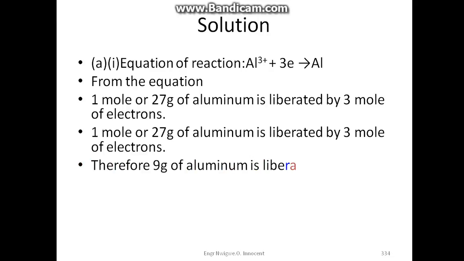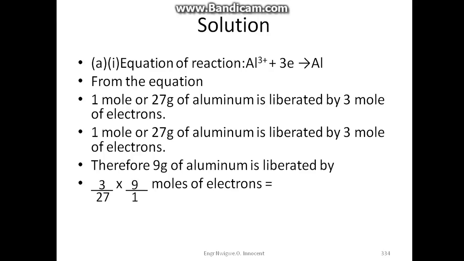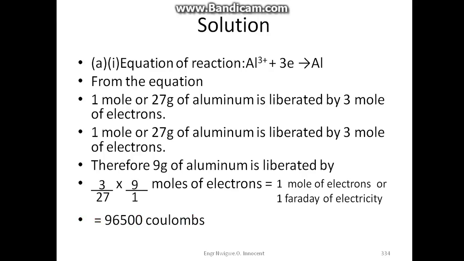Therefore, 9 grams of aluminium is liberated by 3 over 27 times 9 over 1 moles of electron. This is equal to 1 mole of electron or 1 Faraday of electricity, which now gives us 96,500 coulombs.